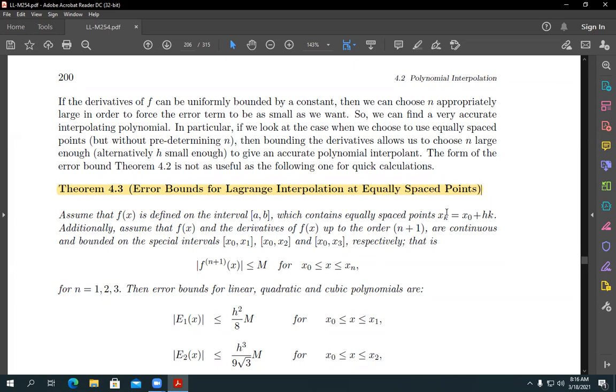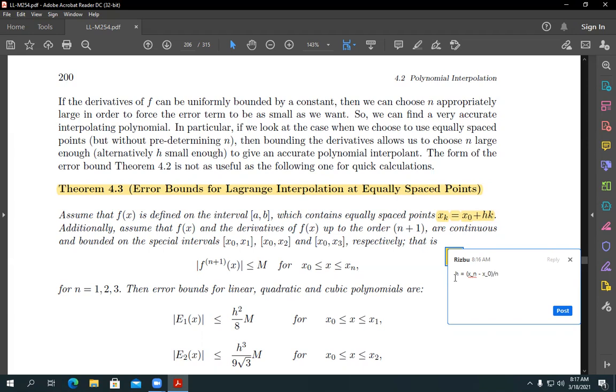For equally spaced points, how can you find h, meaning the distance between the points, which should be equal? What is the formula? If you remember, you did that in 106: h equals the final point minus the initial point, divided by n.